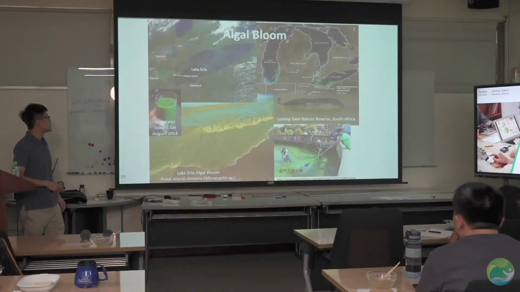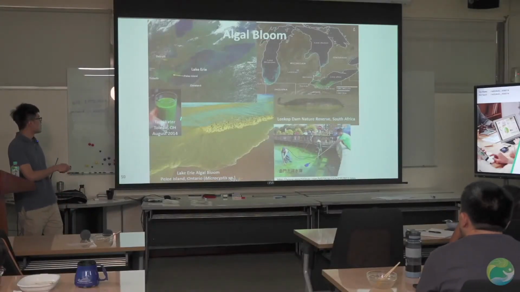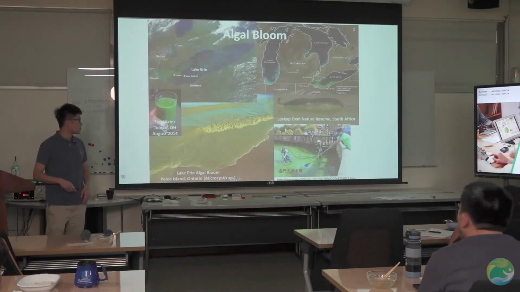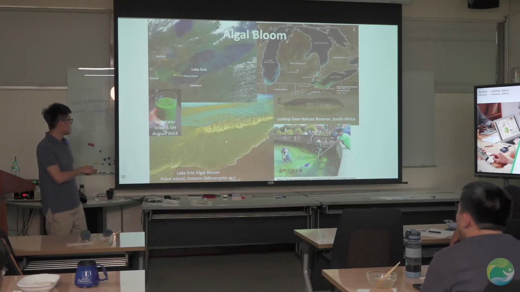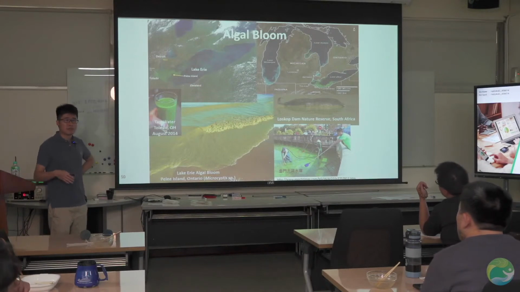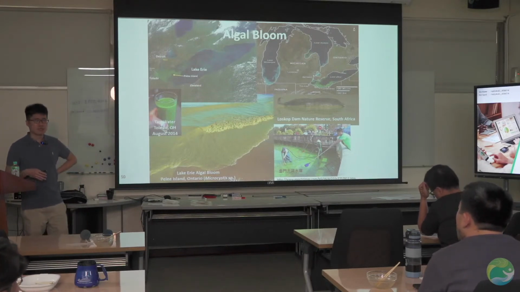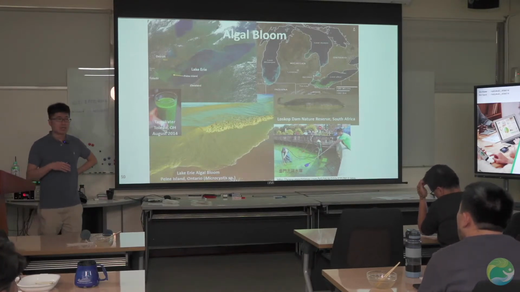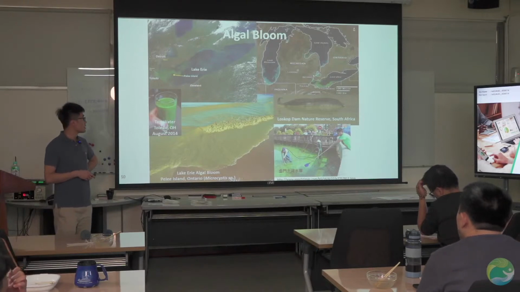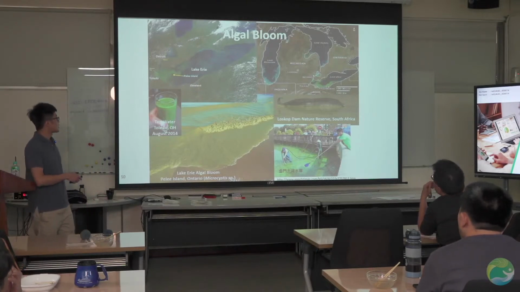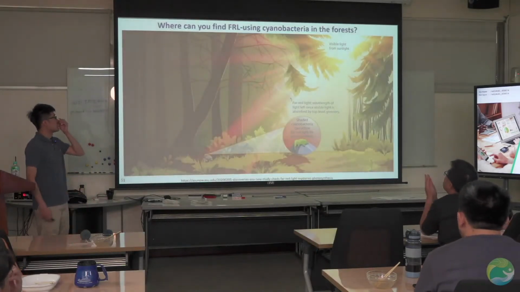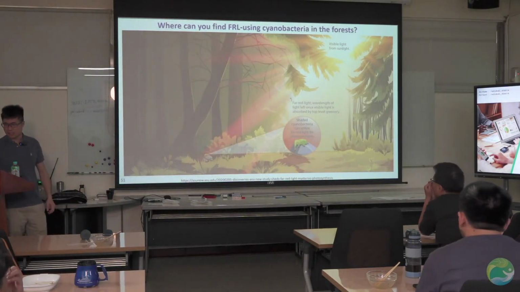And then, yeah, I mentioned algal blooms. The visible light is strongly filtered by algae, so in that environment, far-red light might also be enriched for these cyanobacteria to grow. So these are some places where we can find those far-red light-using cyanobacteria.